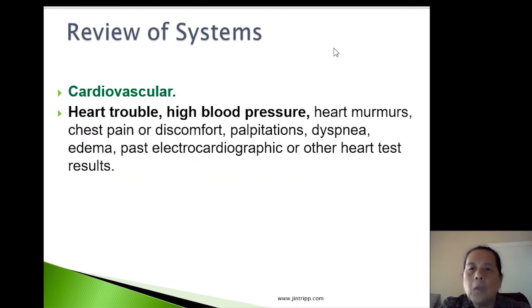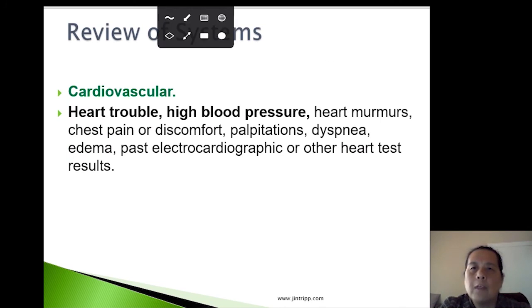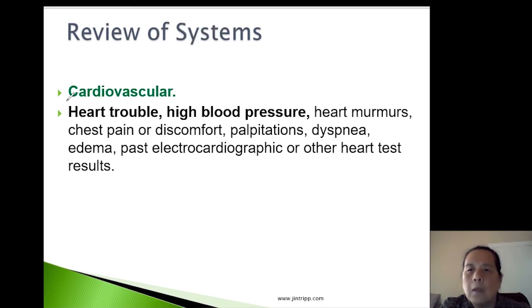Then we go to the cardiovascular system, or also we call circulation system. Cardio means heart. Vascular just means blood vessels. So basically, in this part, we ask a question about heart.